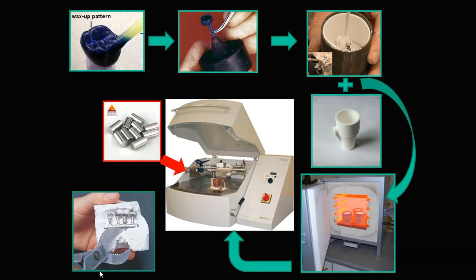Once they have obtained the ideal molten state, they are then pushed into the empty mold space within the investment with the help of a centrifugal force. This is called a casting cycle. Once the casting cycle is completed, the final metal restoration is obtained, which is then finished and polished as per the requirements.